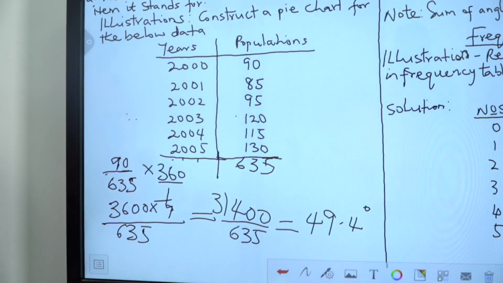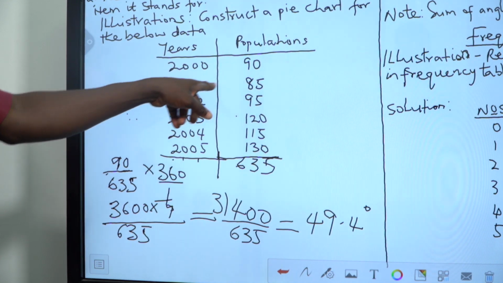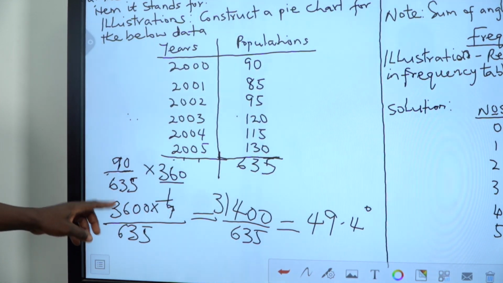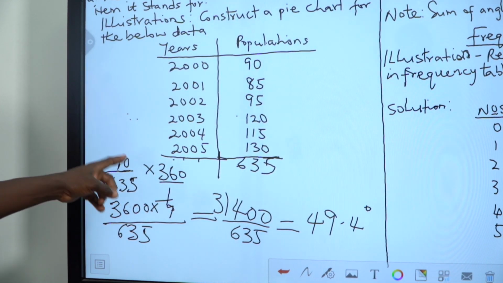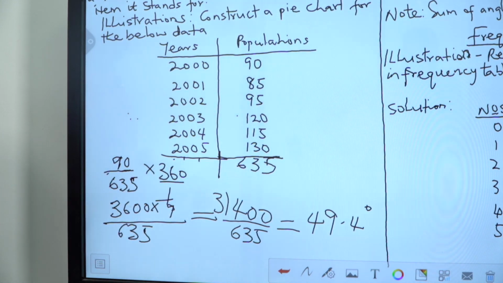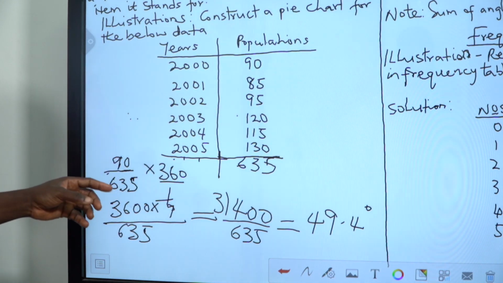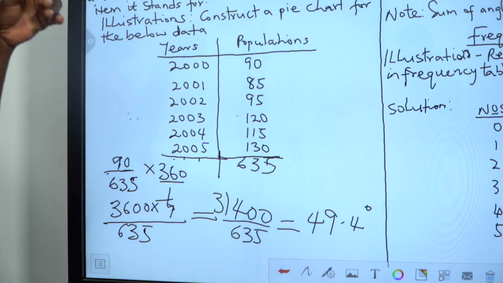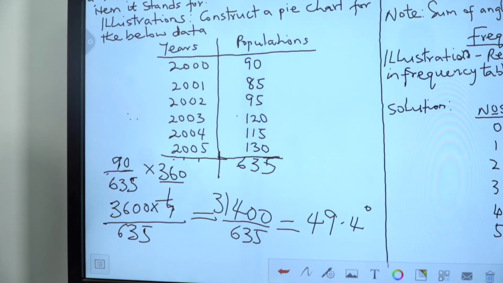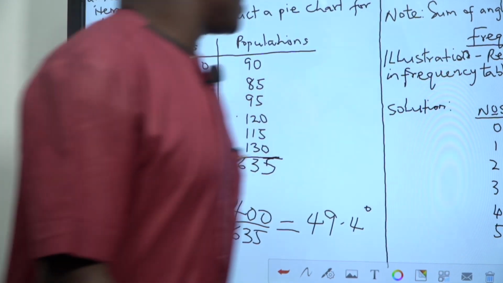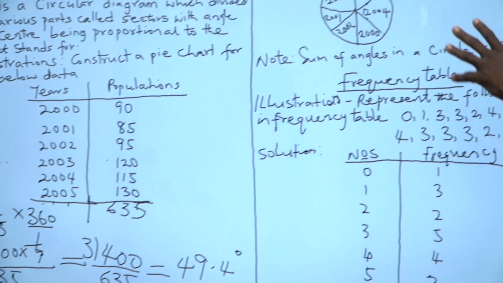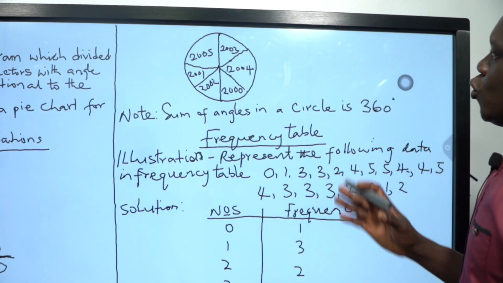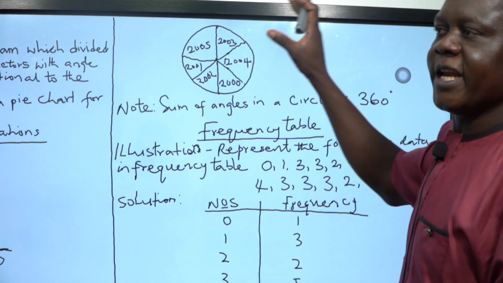So if you do the same for 2001, you will have 85 over 635 times 360. And I told you why we are multiplying by 360: it is because the sum of angles in a circle is equal to 360. Then if you want to represent it in a pie chart, you will draw a circle of any size.